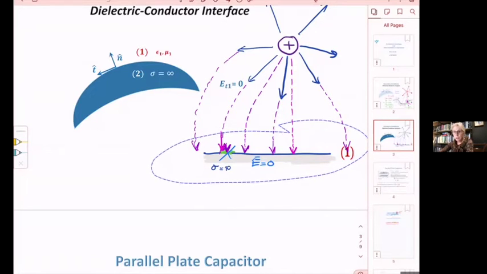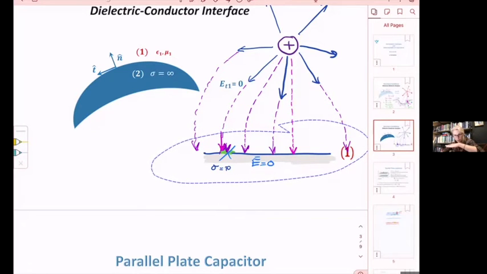Because by definition, the way we define perfect conductors is that there is no charge inside a perfect conductor. All the charges, if any, are on the surface. If there is no movement of charges inside the conductor, so there cannot be any electric field inside the conductor or even parallel to the surface of the conductor.